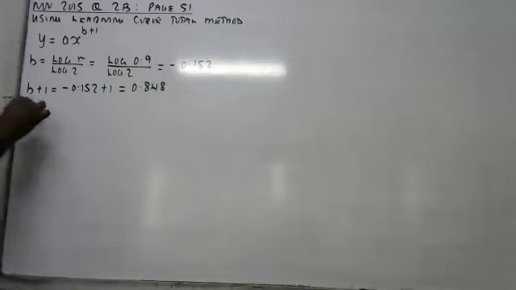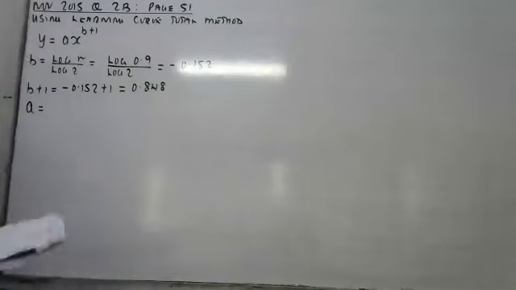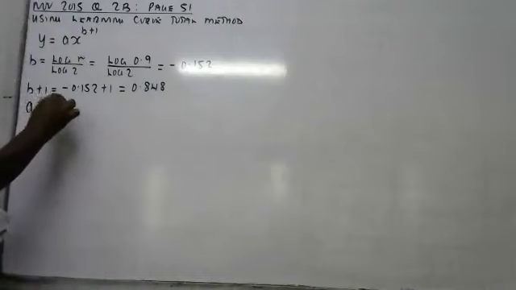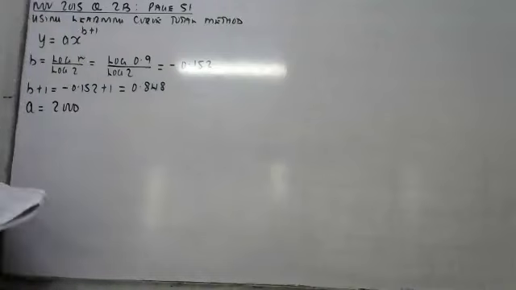A is the time taken for the first machine. You can see the first machine here took 2,000 hours.